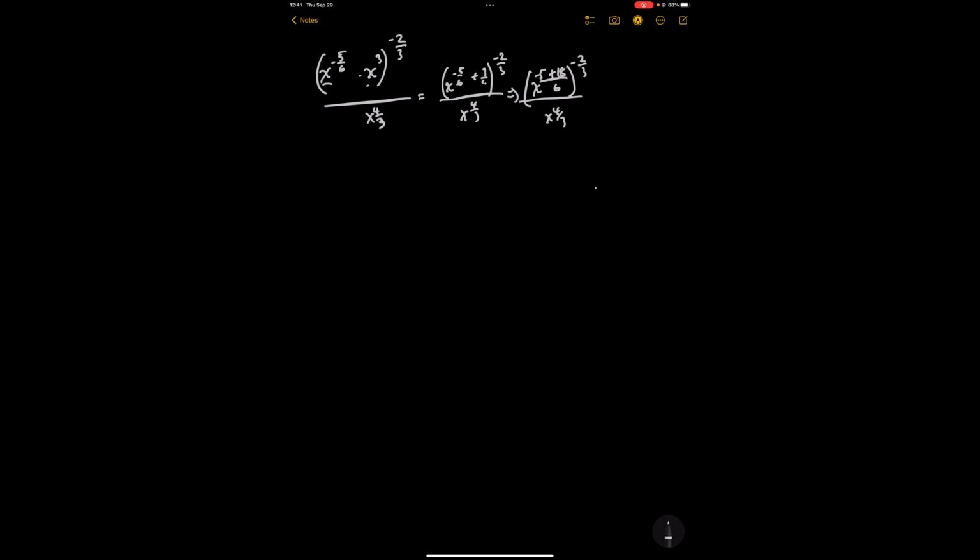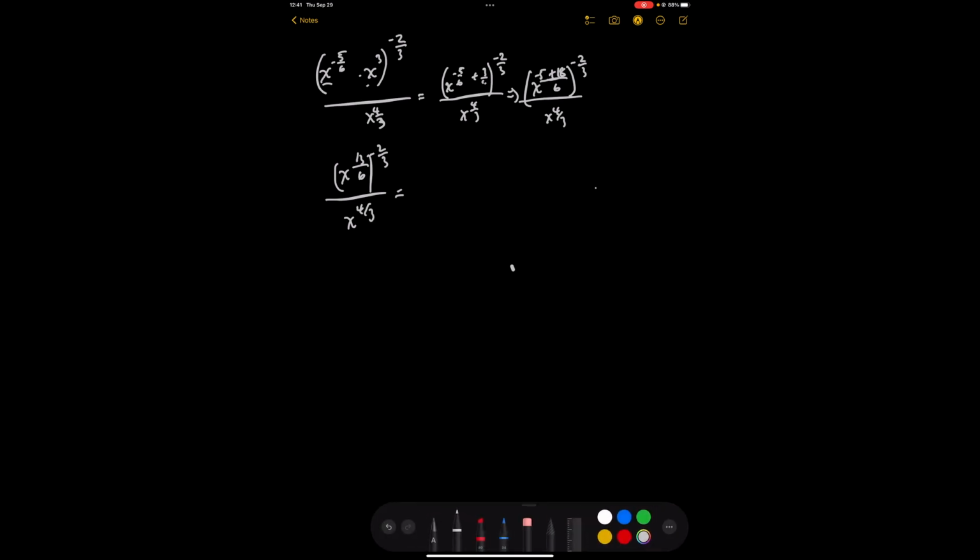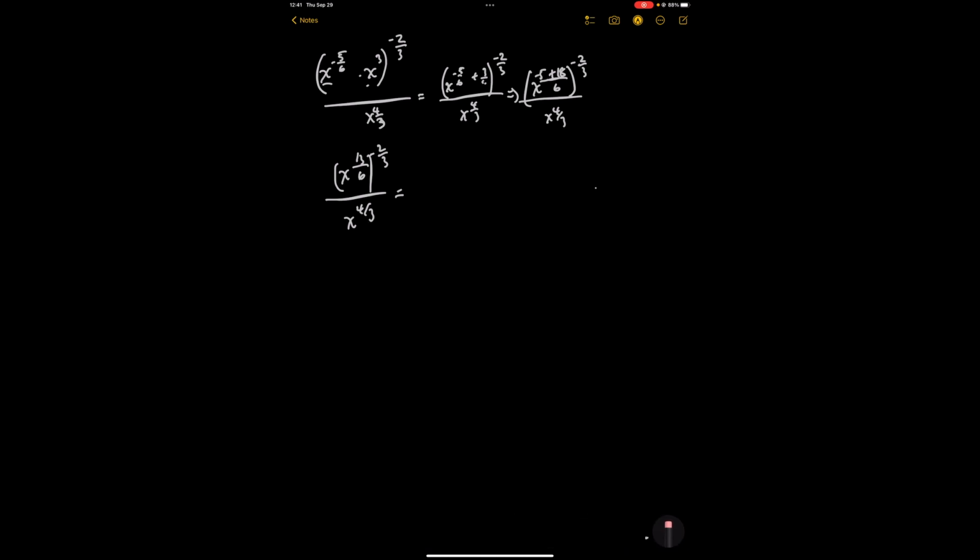So now we're going to have x to the 18 minus 5, which is equal to 13, to the power of negative 2/3, all over x to the power of 4/3. And oh man, this keeps going further and further, but we have to move along.